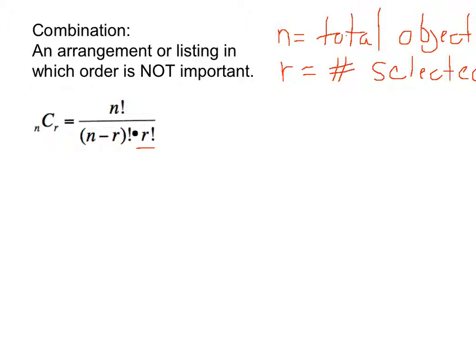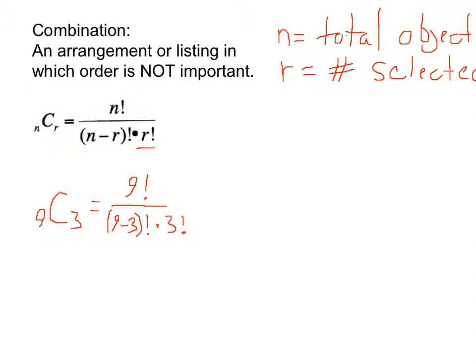So if, for this example, we again have 9 guys, but this time we're making a combination with 3 of them, and I want to know how many combinations I can make by choosing 3 things from 9. This time, we still have 9 factorial on top. We still have, in parentheses, 9 minus 3 factorial on the bottom. But now we have this extra 3 factorial.